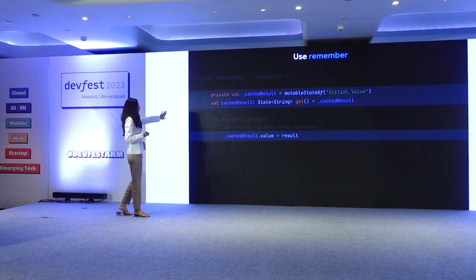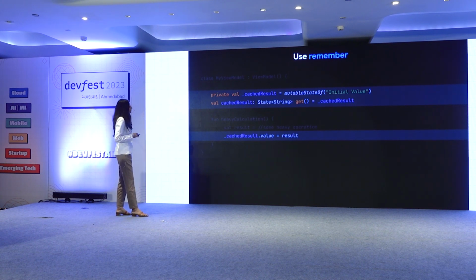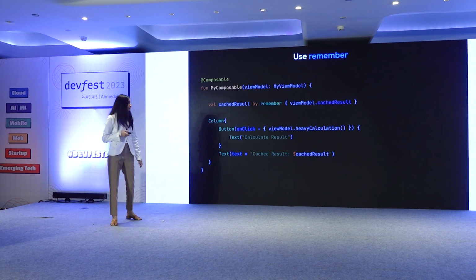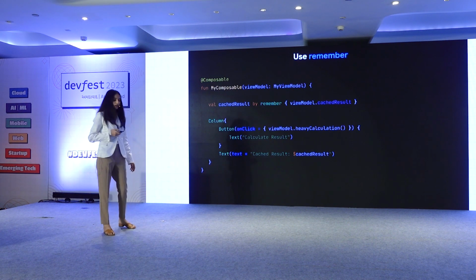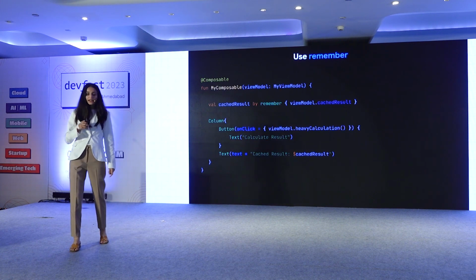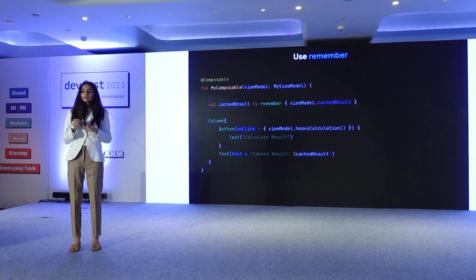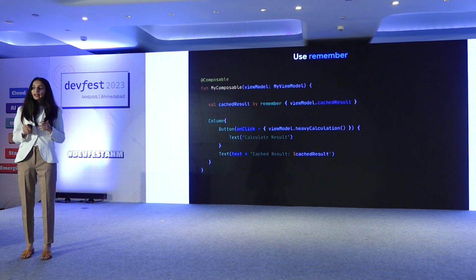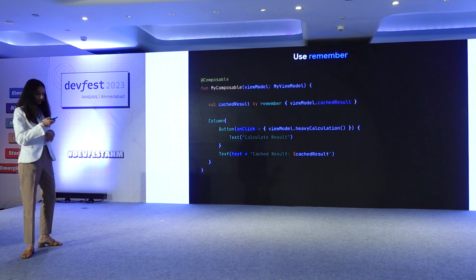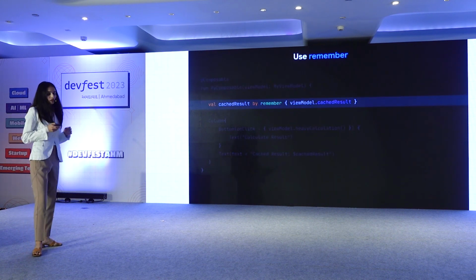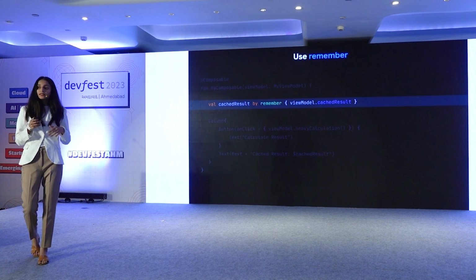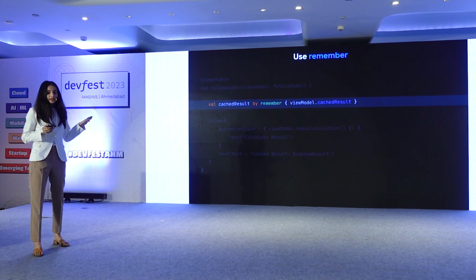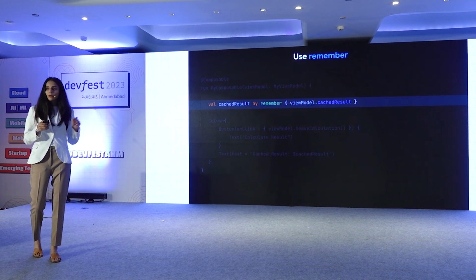Here we have used mutableStateOf. In our composable file, we put the cached results inside our remember. So this will prevent unnecessary recalculation of the result every time the heavy calculation is run. Whenever recomposition happens, this will prevent the heavy calculation, and it will help make the performance of the app better.